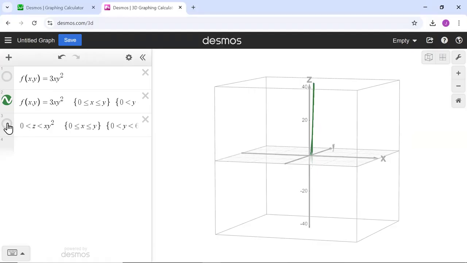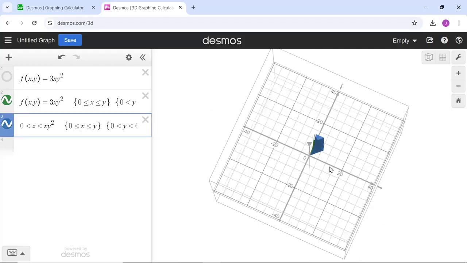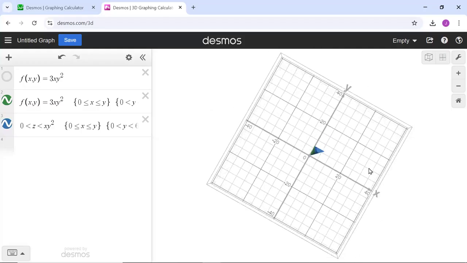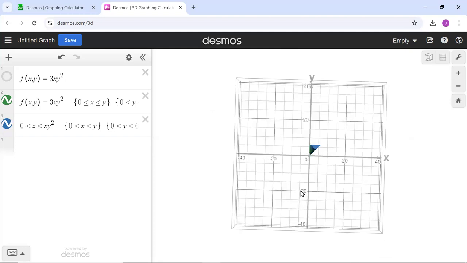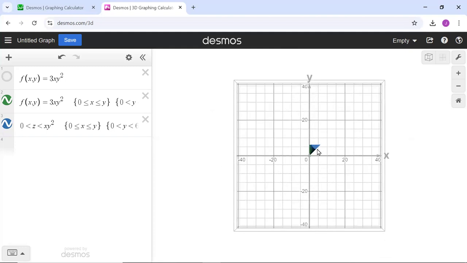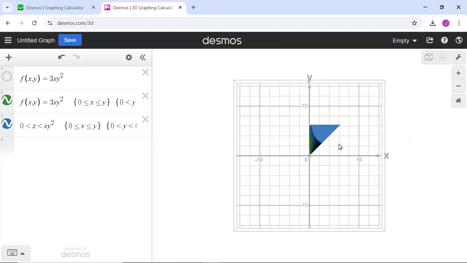And then if you look at not the area under the graph, but the whole part under the graph, you'll see that in the xy plane, we went from an x value of 0 to an x value of y, left to right.